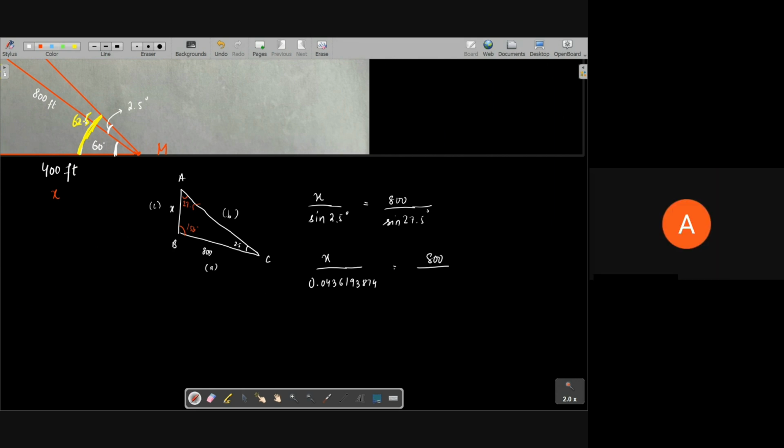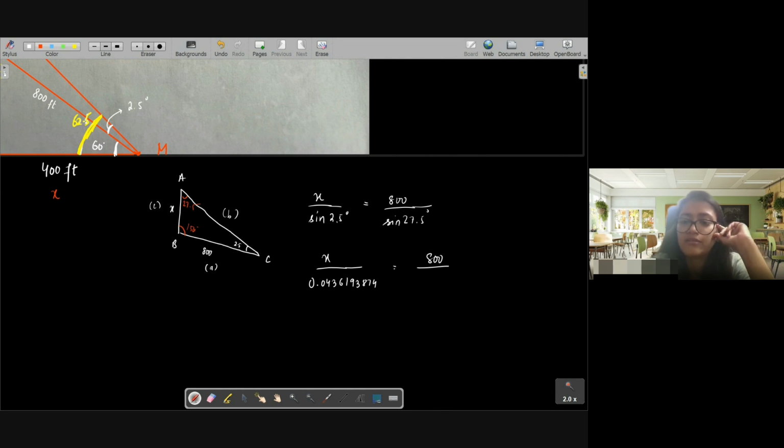Then sine of 27.5, 0.461748613. So 800 times this number divided by this number. 800 times 0.0436193874 divided by 0.461748613.